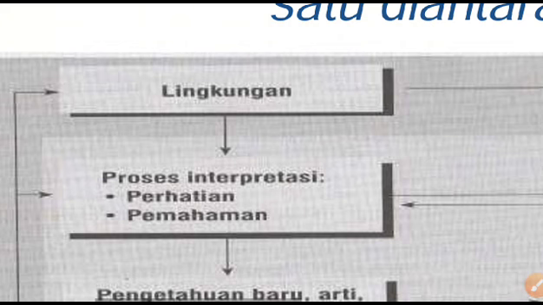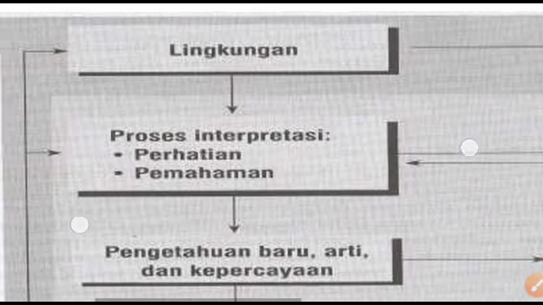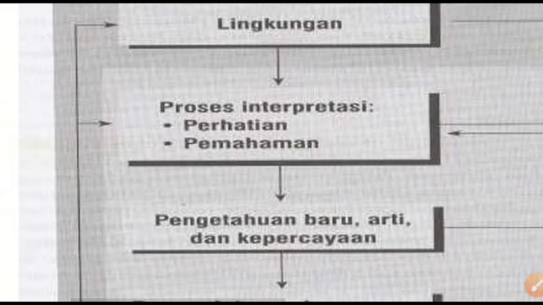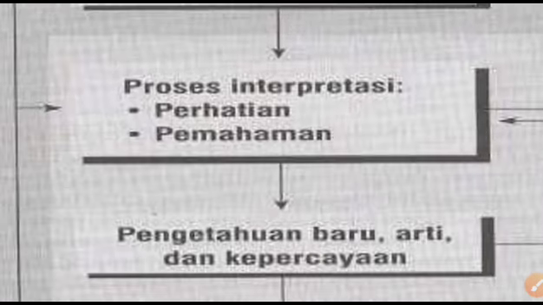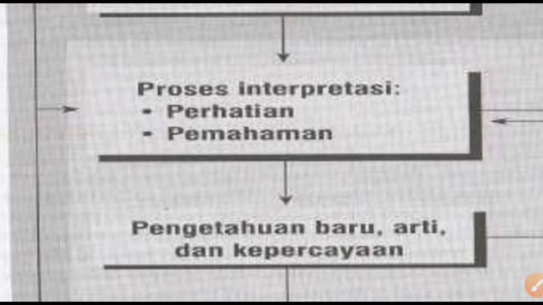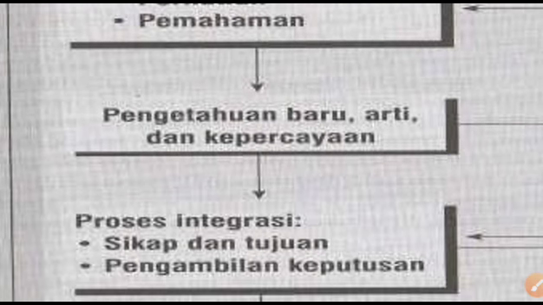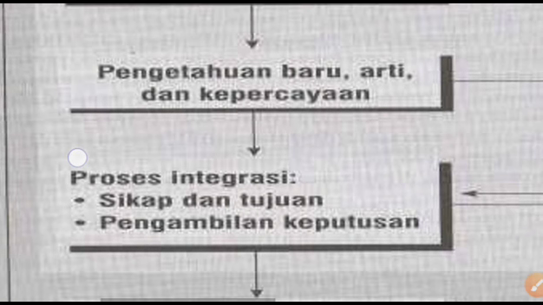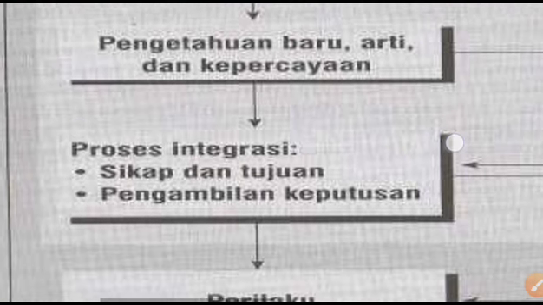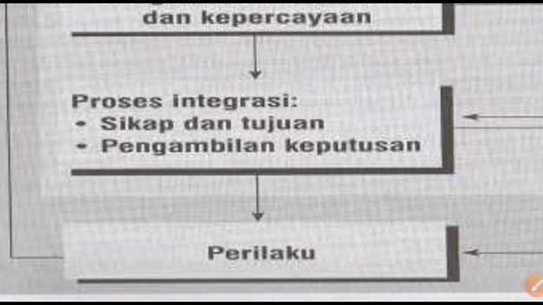So the consumer will buy the product depending on improvement. And then the next step is the consumer will look at attention and try to understand the product. And then the next step, new knowledge, meaning and belief. After that, he tries to integrate all the process.